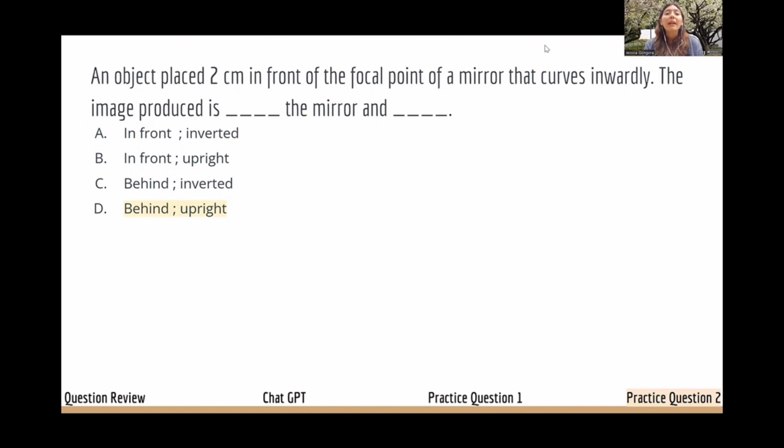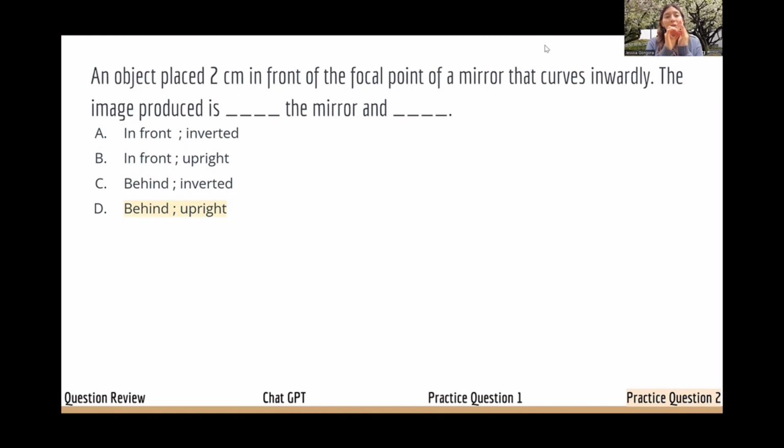However, when the object is placed in front of the focal point of a concave mirror, the incoming rays don't interact the same way as in a normal situation.